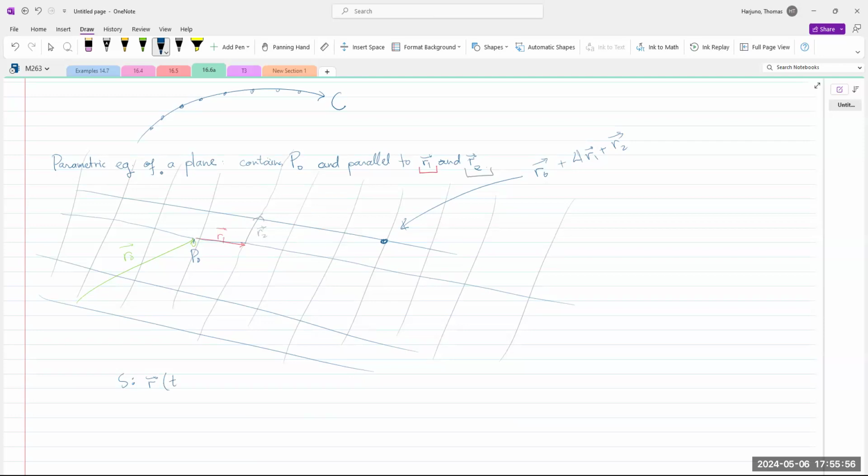Let's call it surface R(t, s), where it is R0, that's the position vector that contains P1, plus t times R1 plus s times R2.